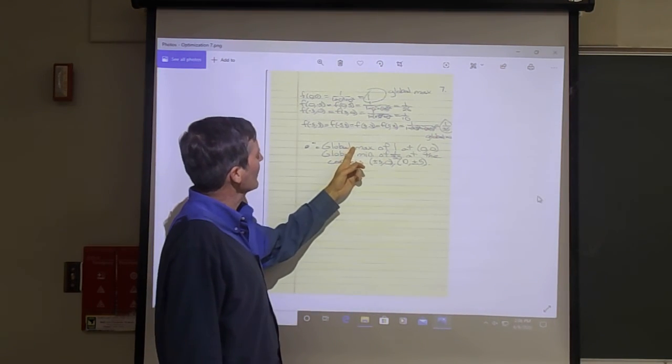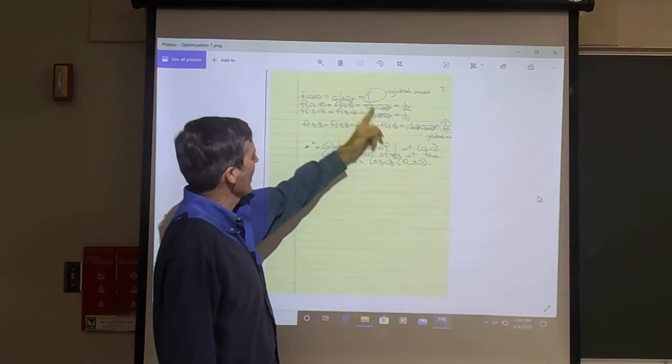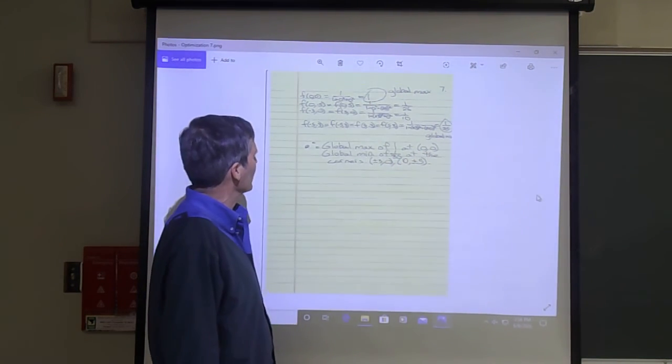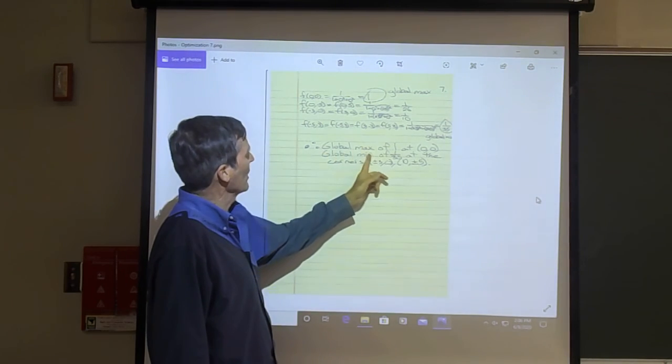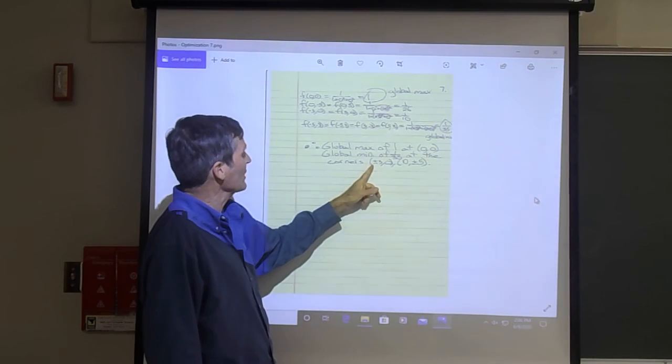Evidently the largest value is 1, that occurred at the interior critical point 0, 0, and the smallest, the global minimum, was at 1/35.